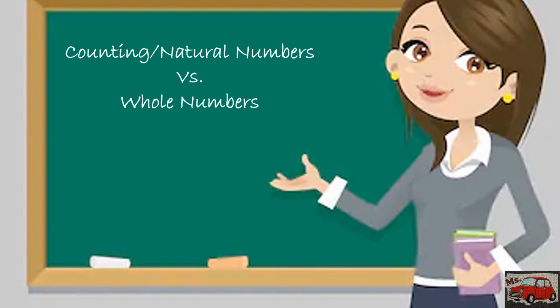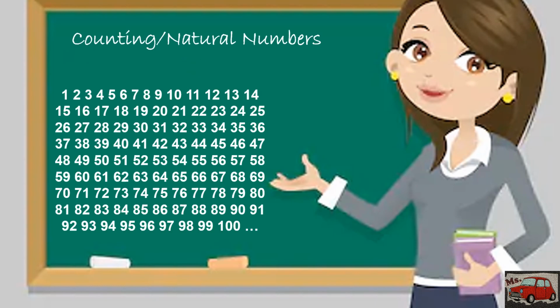Let's review first kung ano nga ba yung pinagkaiba ng counting or natural numbers at ng whole numbers. Counting numbers or natural numbers are those numbers na ginagamit natin when we count or pag nagbibilang tayo. That's why we start in number 1, 2, 3, and so on.